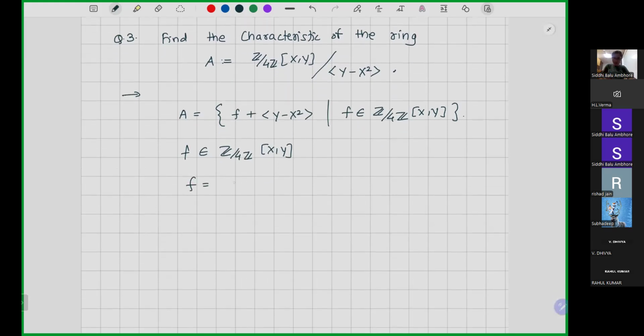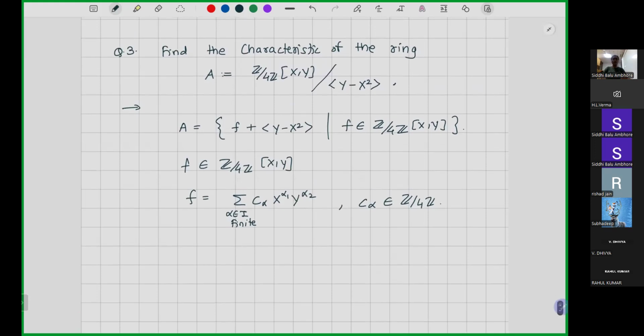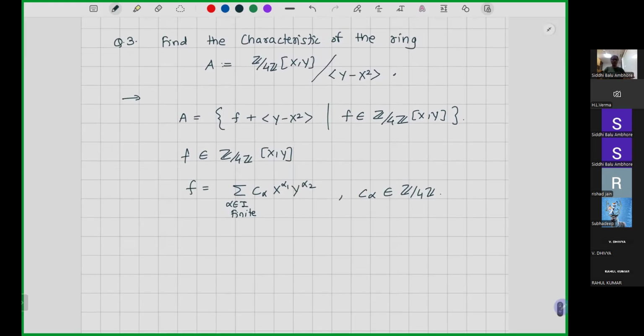Let me write it as the sum over alpha in some index set I of c alpha x power alpha 1 y power alpha 2, with c alpha finite, where c alpha belongs to Z mod 4Z. So coefficients are coming from Z mod 4Z.